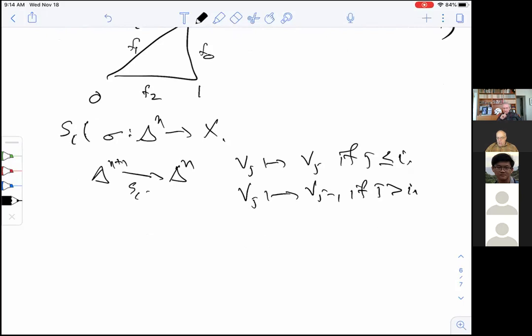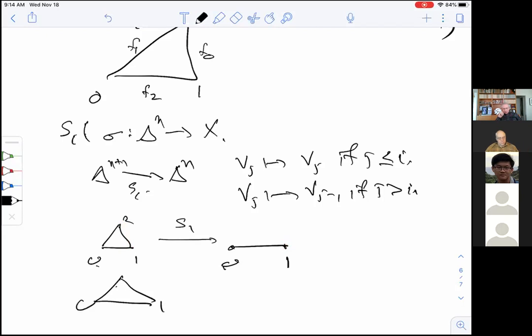So for example, the degeneracy that we're talking about from 0, 1, 2, s_1 would go down to 0, 1. 0 goes to 0, and 1 and 2 both go to 1. Okay. s_0 on 0, 1, 2 would send 0 and 1 to 0 and 2 to 1.